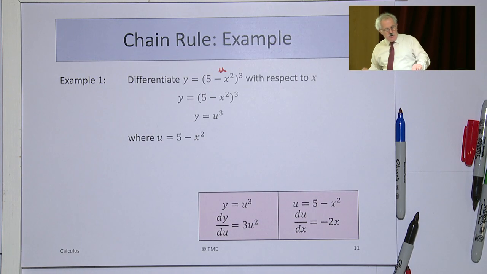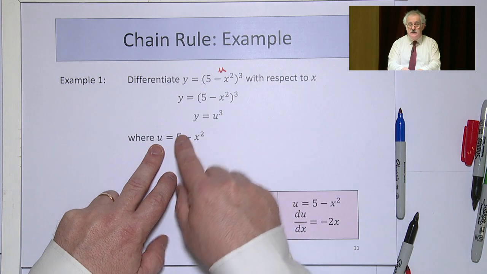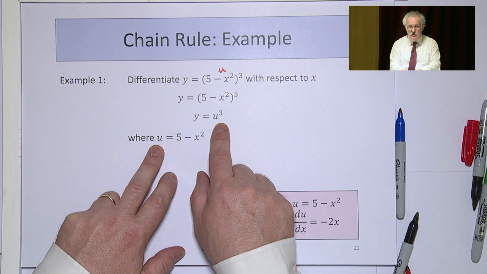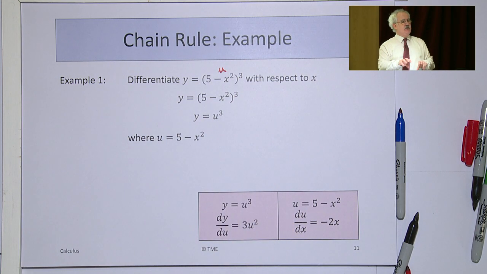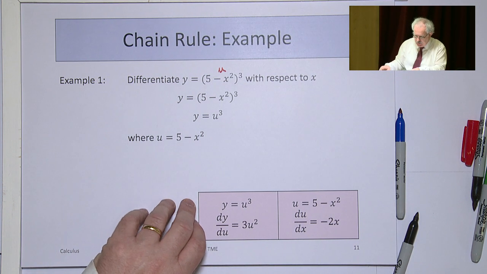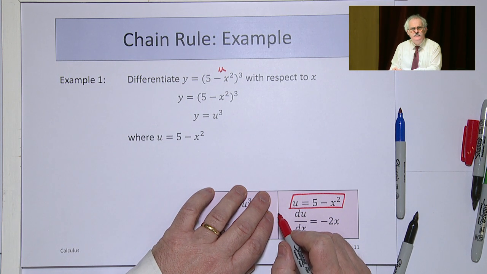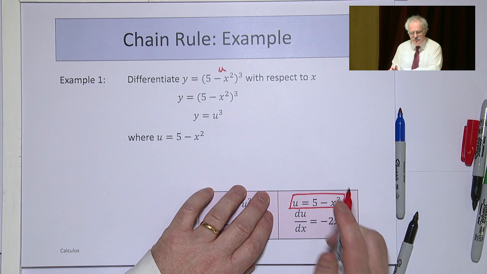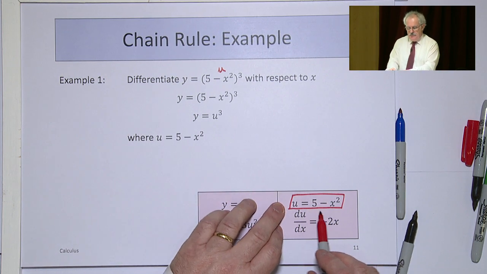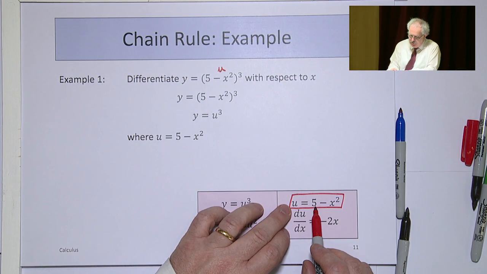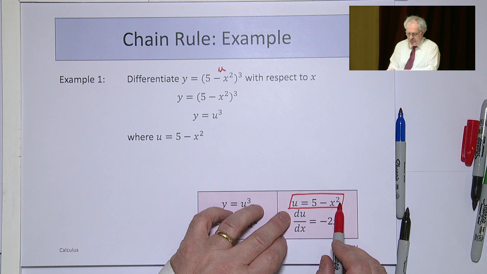Well, the first thing you do is make it simple with the u. y is u cubed. But once you make a substitution, you've got to say u is something. Let's sort out the box. u is, it sounds wrong in English, doesn't it? But anyway, the value of u is equal to 5 minus x squared.